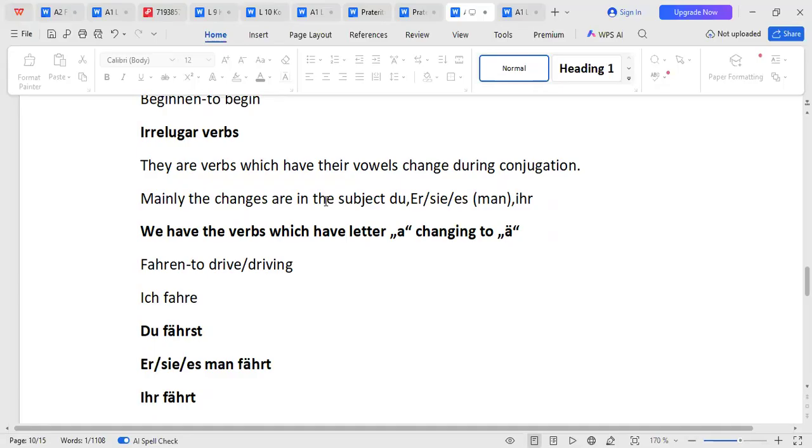The rules of conjugation remain, but what changes is only the vowels. The e ending, the st ending in du, the t ending in er, sie, es, the et ending, the en, all remain. What happens is just the vowel change, students. Only.